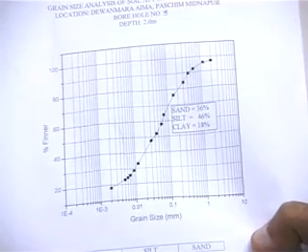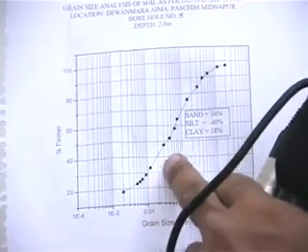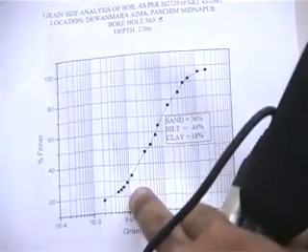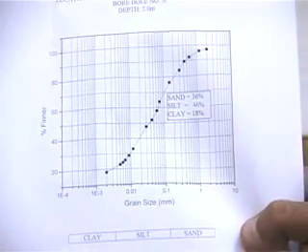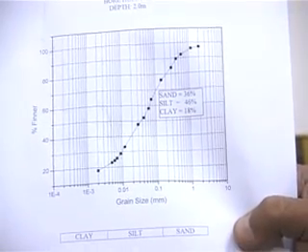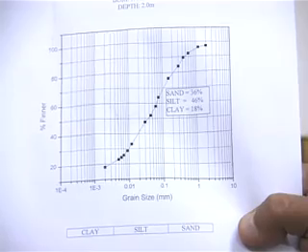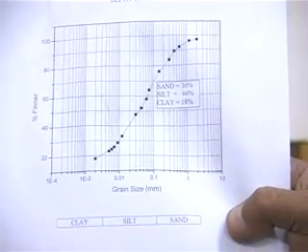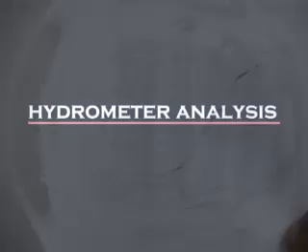Using that we construct a grain size distribution, and this allows us to classify coarse grained soils, as I indicated earlier in one of the theoretical sessions in the course.